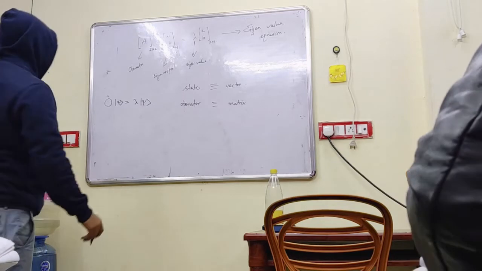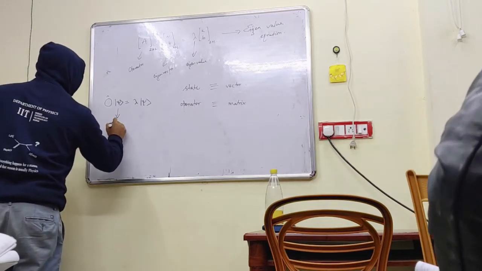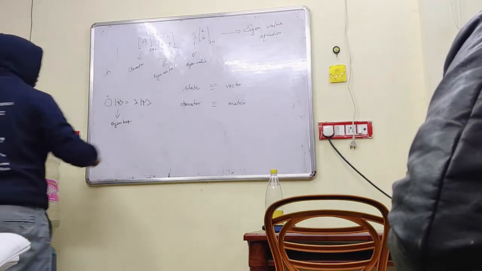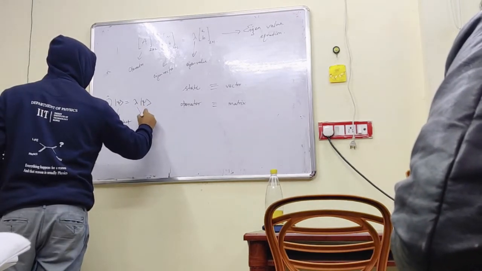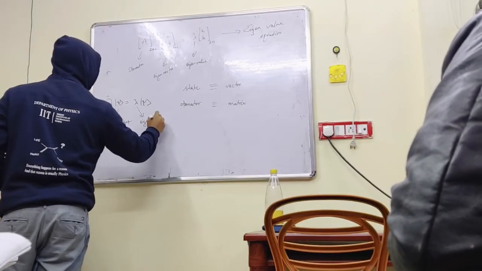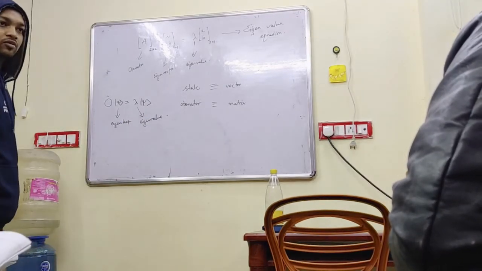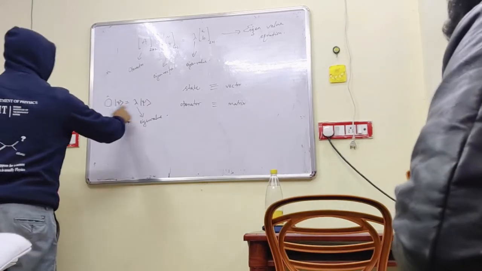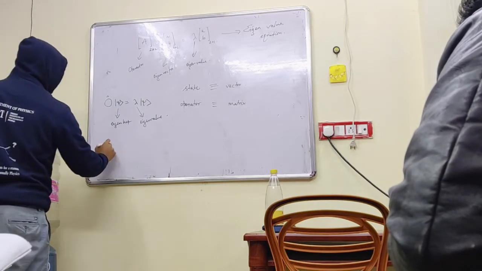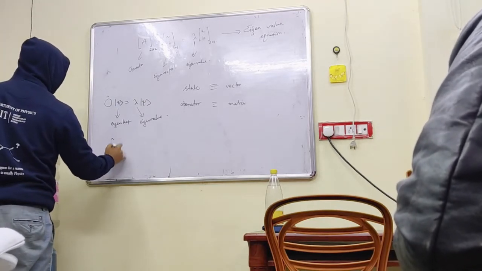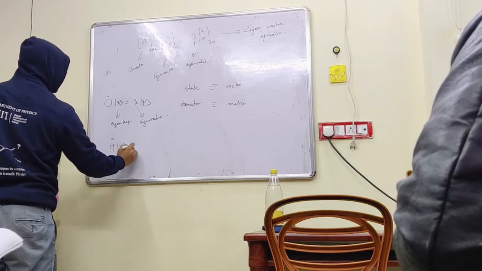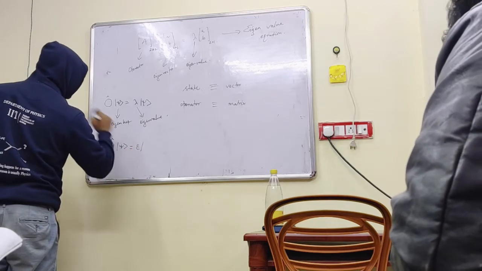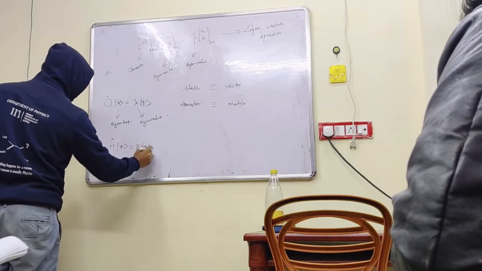So here we call it eigencat, because this is a cat, no? This is my eigenvalue, same. This is the eigencat and this is the operator. One particular example would be a Hamiltonian operator acting on a state giving you the eigenvalue, let's say E, times the same thing.